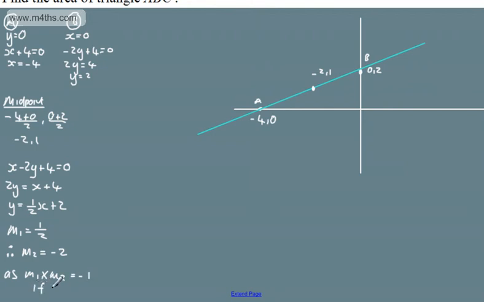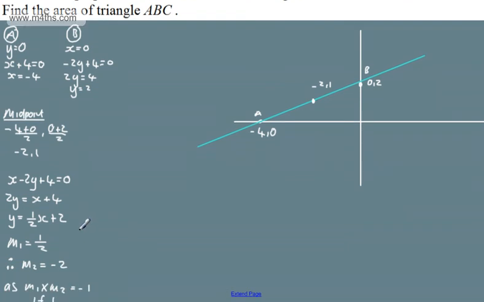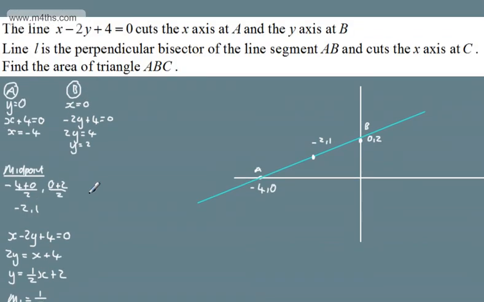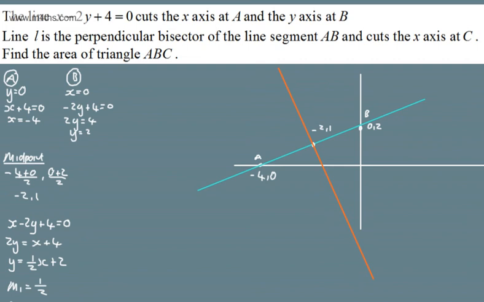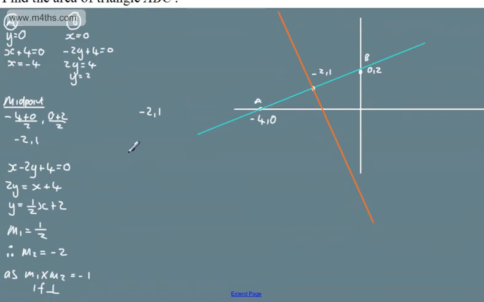So now we've got the equation of a line to find from the point that it goes through and a gradient. We're going to have a line at right angles to the original, crossing at this point just here. We have the point it goes through, minus 2, 1, and the gradient is also minus 2.